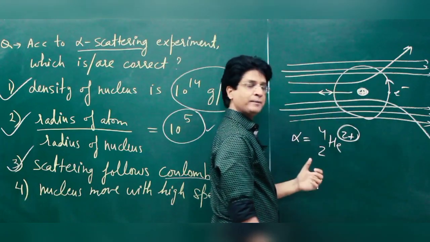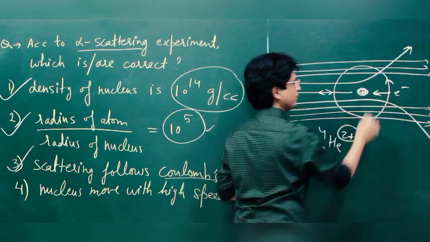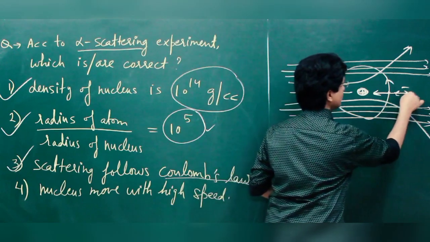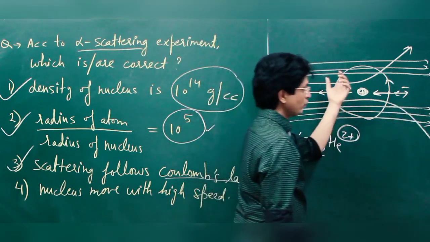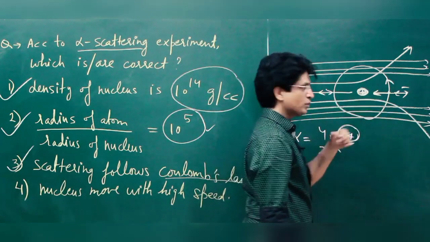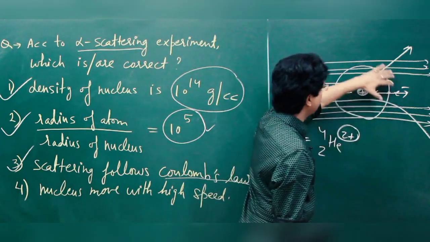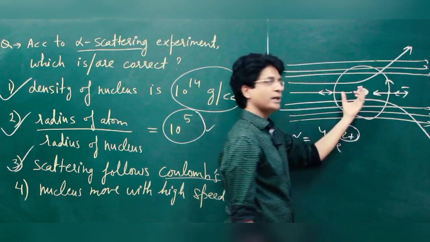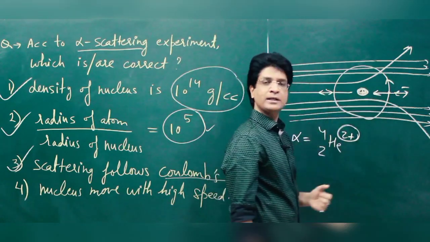What will happen with that? This centripetal force will be equal to centrifugal force, because we have read that in the mechanics, in the planetary motions. So because of this balance of force, planet moves around the sun without falling inside the sun.